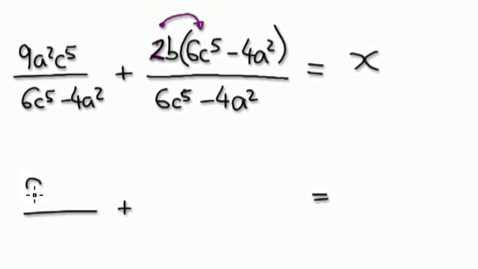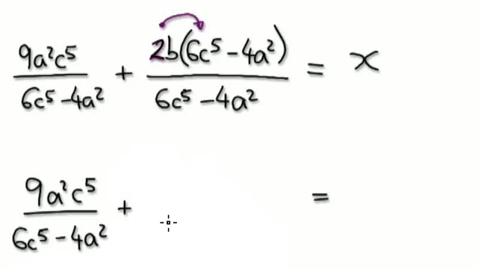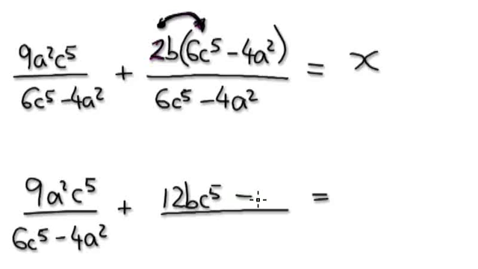Let me just take this down first. And then this will be this, take away 4a squared, and now let's just times the top part. This times this would be 2 times 6 will be 12, and then b, and then c to the power 5, and now this times this, so it will be 2 times 4 will be 8, and then a squared b.